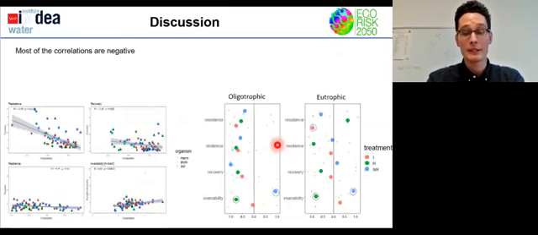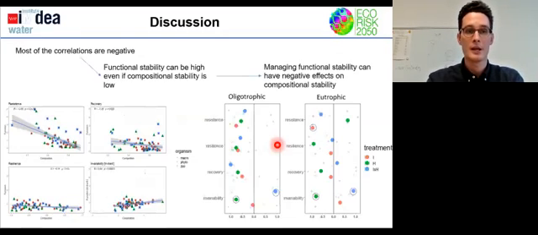Then the correlation between the same aspects of functional and compositional stability resulted to be mostly negative under different disturbances, and this has deep economic, ecological, and management implications. Indeed, managing systems for functional stability may have negative consequences for compositional stability, but also the other way around is true.